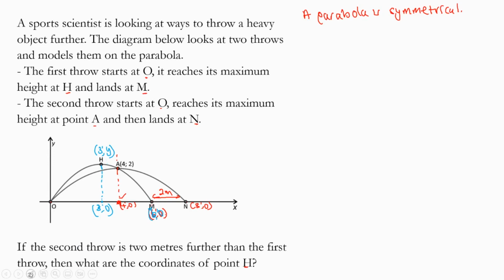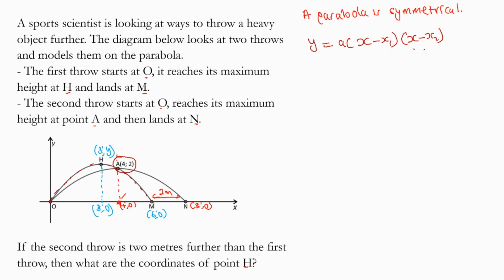Let's discuss this. Here we can find the equation of the first throw because we have the x-intercepts, which are the origin and M. So we can use this equation: y is equal to a(x minus x1)(x minus x2), where x1 and x2 are the x coordinates of the x-intercepts.